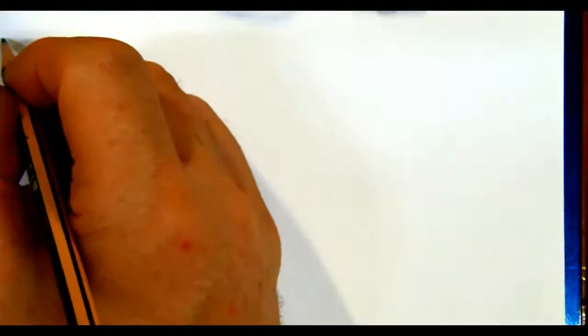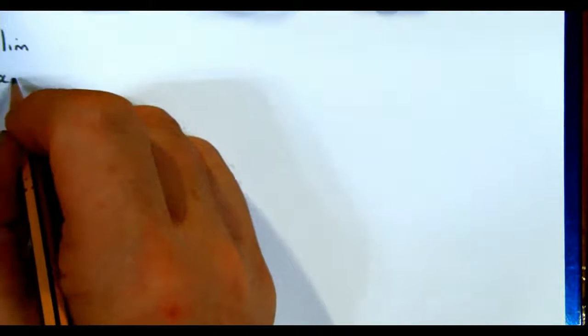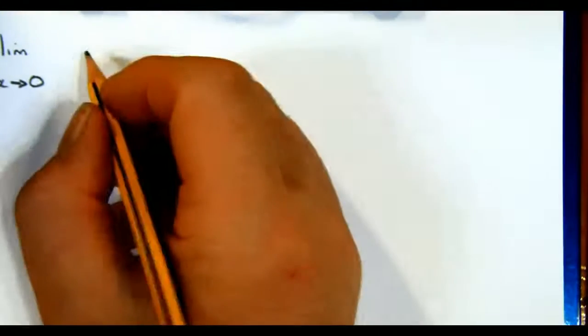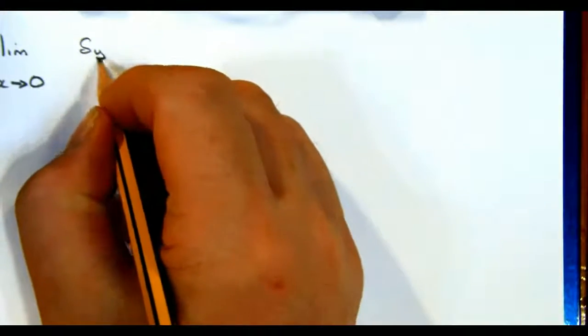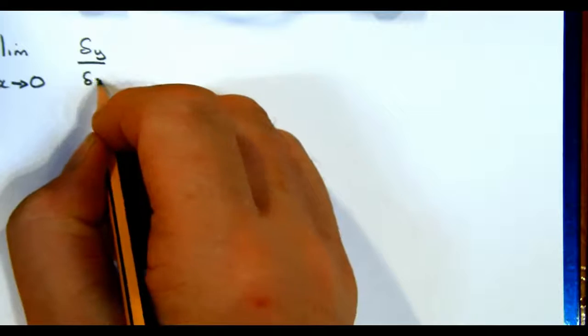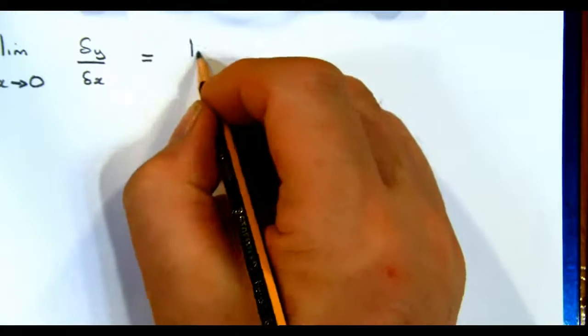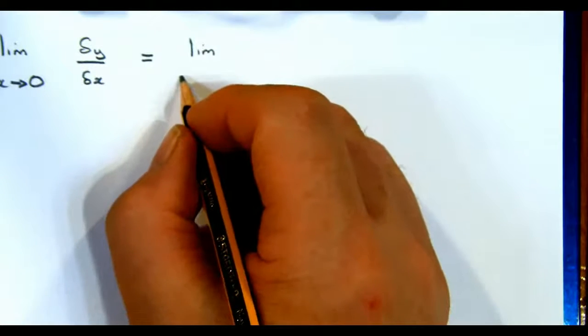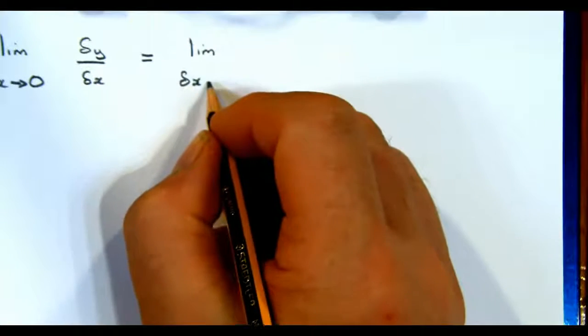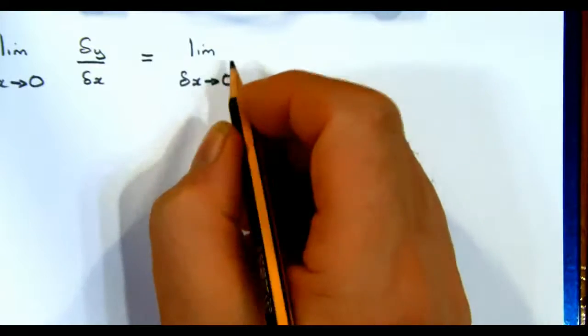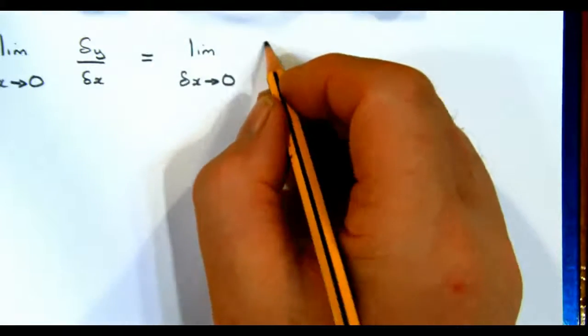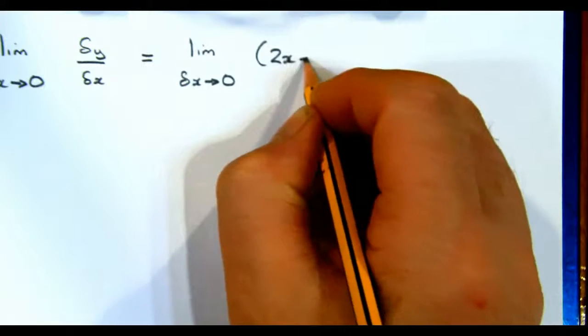So I'm going to say that the limit as delta x tends to 0 of delta y over delta x is, in this case, the limit as delta x tends to 0 of 2x plus delta x.